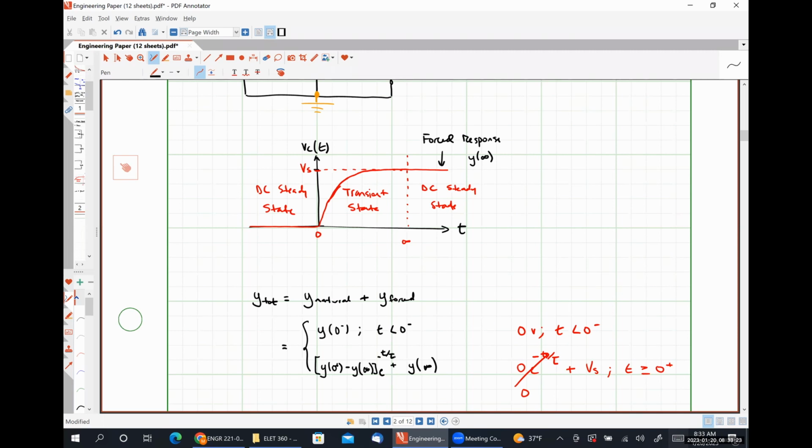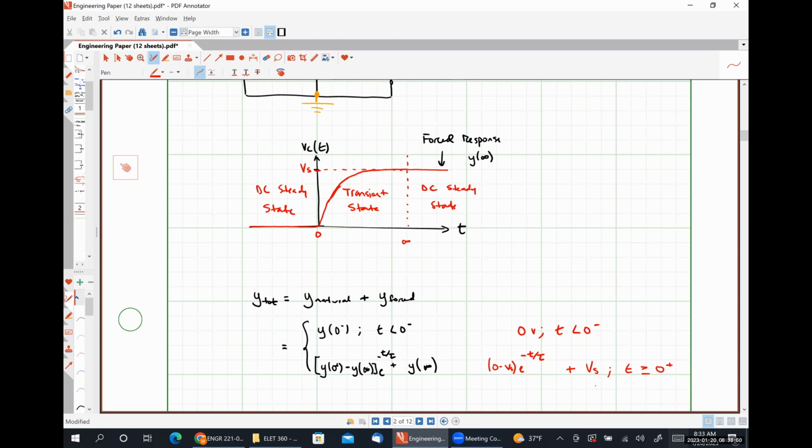Okay. So if we make that substitution, what we're going to have over here is 0 minus Vs e to the negative t over tau. So that at exactly t equal to 0 plus, we have negative Vs plus Vs, which is equal to 0.